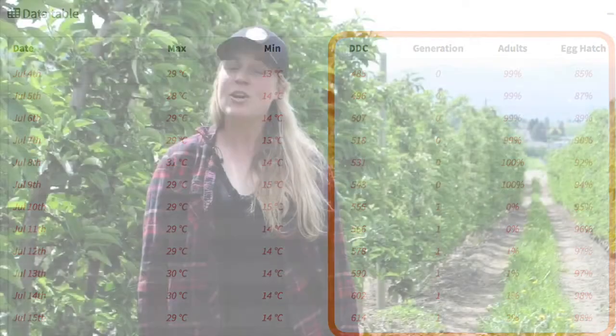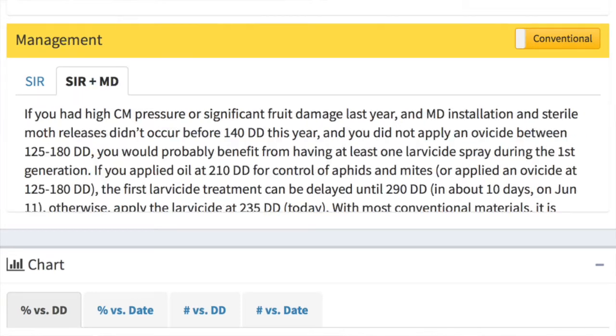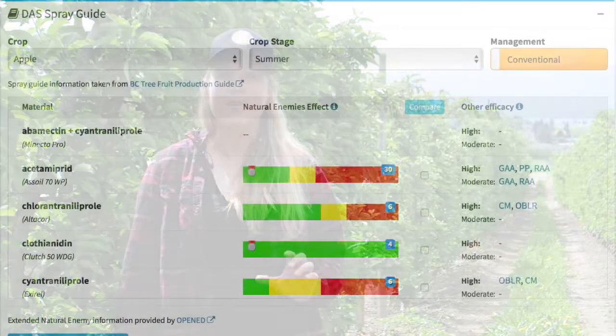There are a number of management recommendations provided by the BC-DAS system. The management recommendations are separated into two categories. Management for pesticide applications under an SIR model, such as what we have here in the Okanagan Valley, and management for SIR plus mating disruption when growers are using both tools in their orchard. Growers will notice on the DAS spray guide for codling moth that pesticide products are represented with red, yellow, and green bars.